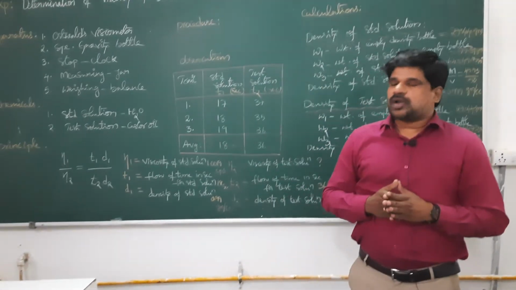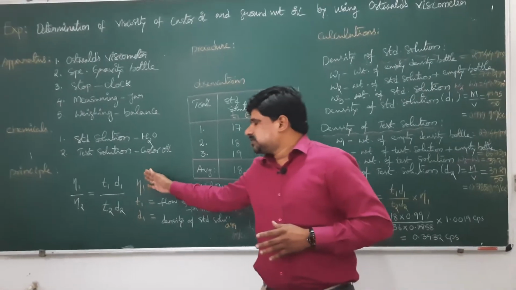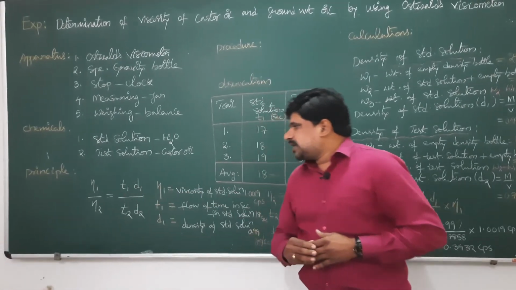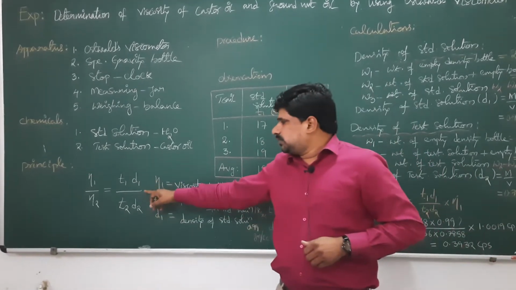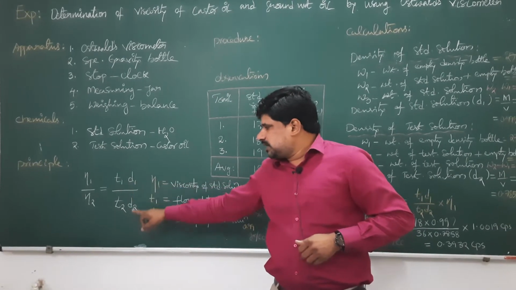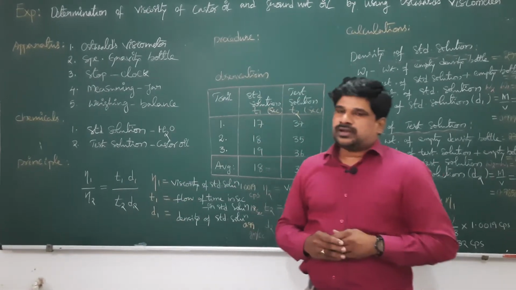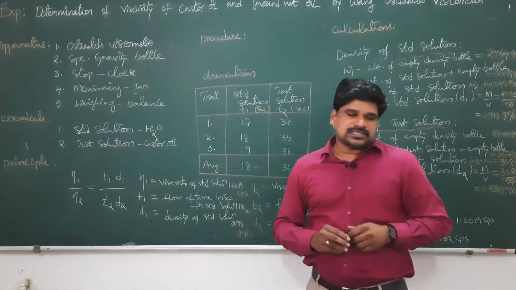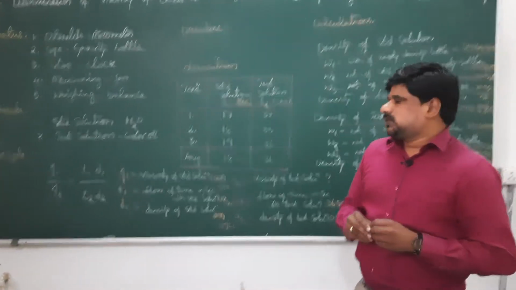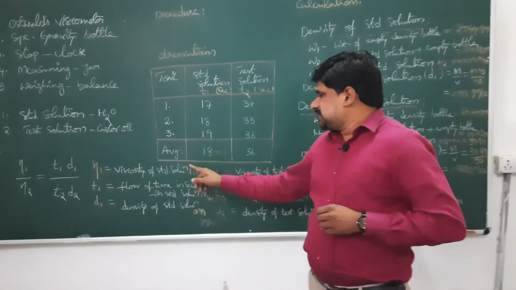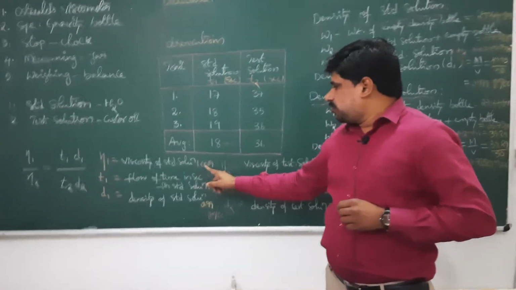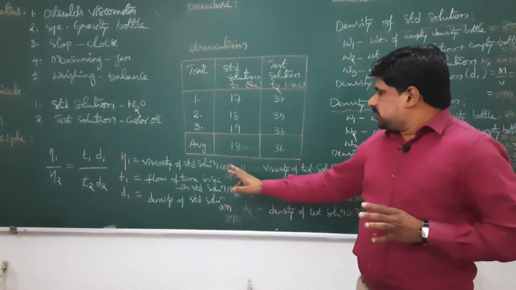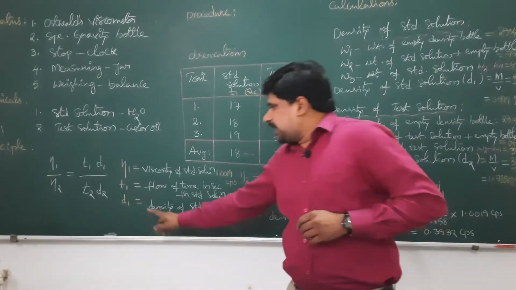In this experiment we are using the formula η1/η2 = T1D1/T2D2, where η1 is the viscosity of the standard solution, that is water. That value is specific, 1.009.